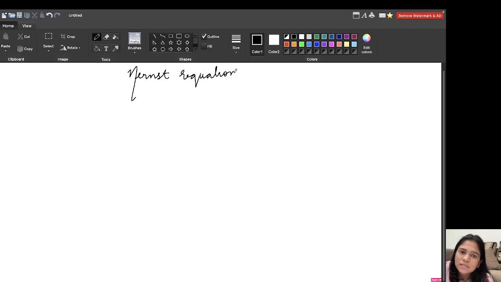First, I'll write what this equation is. There is no derivation as such, just remember this equation. E of cell, that is what we are going to find, right?